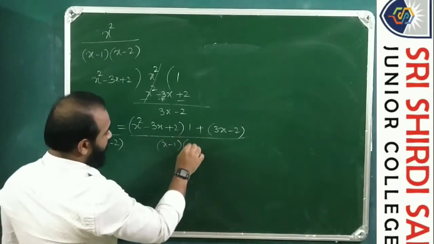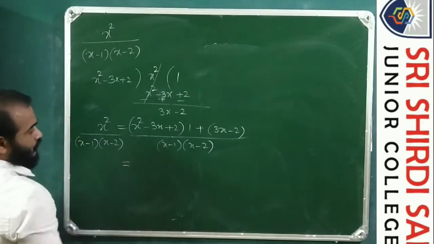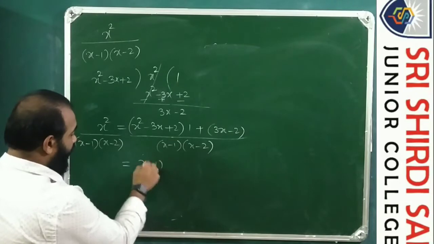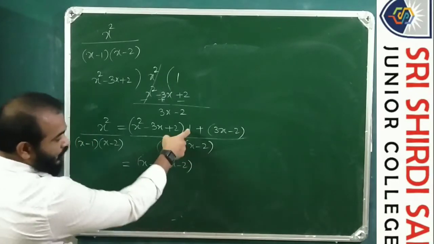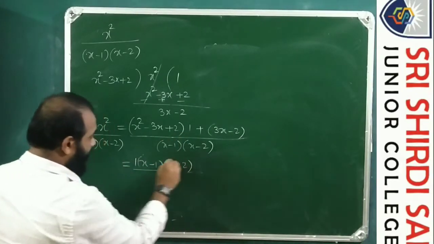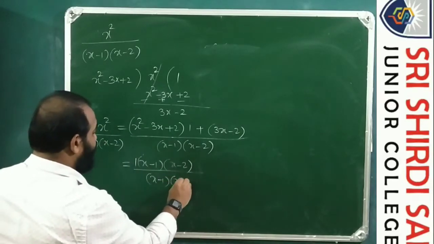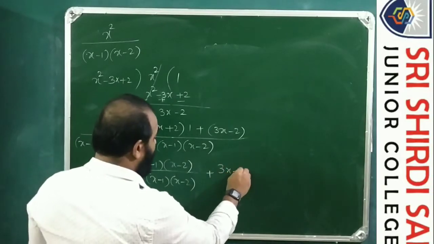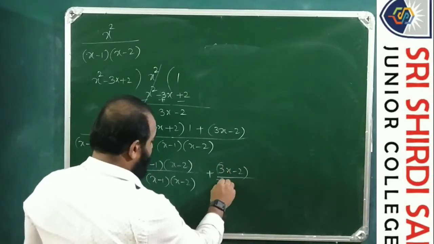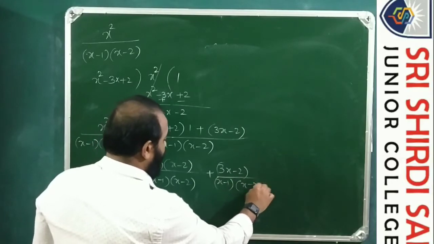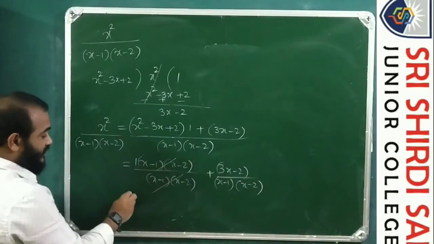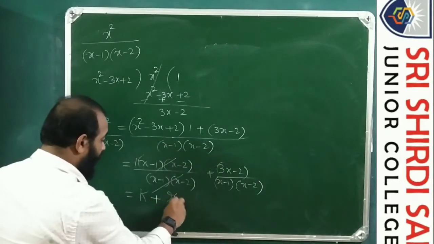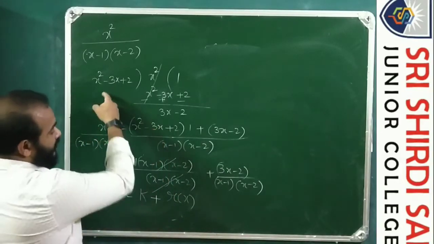So this is x square minus 3x plus 2, which is x minus 1 into x minus 2, into this one, by x minus 1 into x minus 2, plus 3x minus 2 by x minus 1 into x minus 2. So this gets cancelled. We get k plus r of x by g of x.